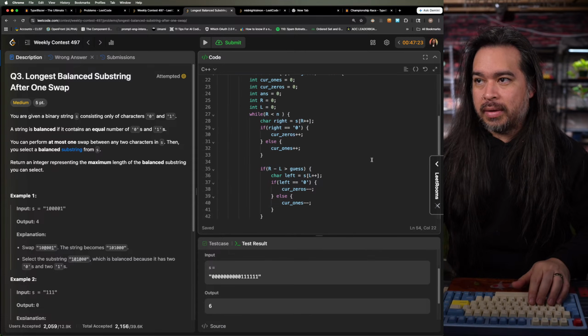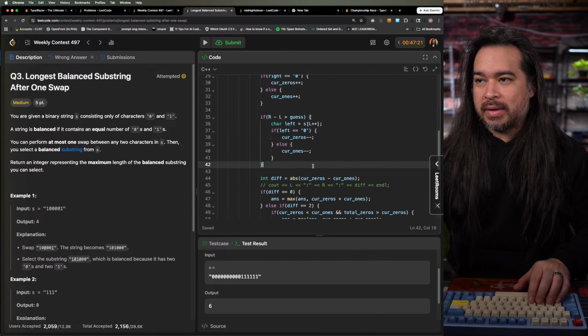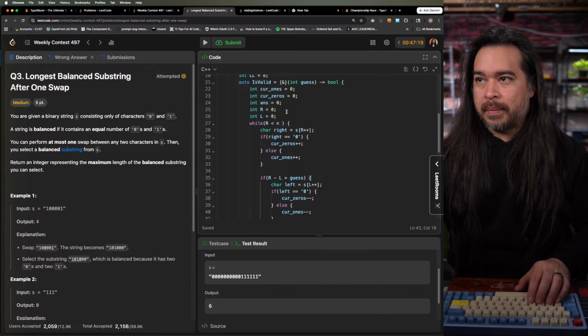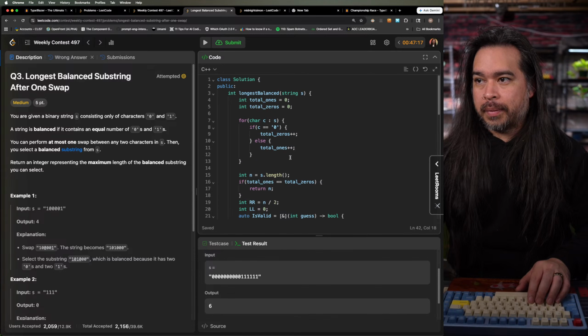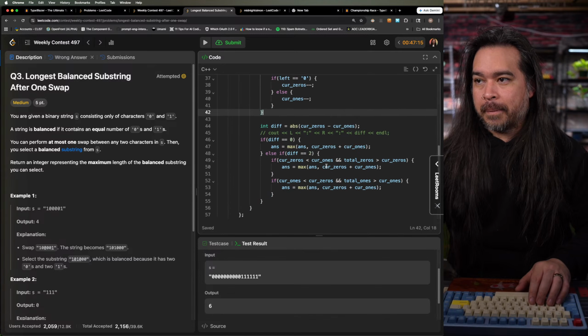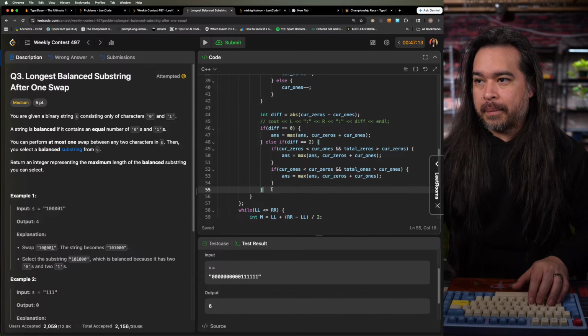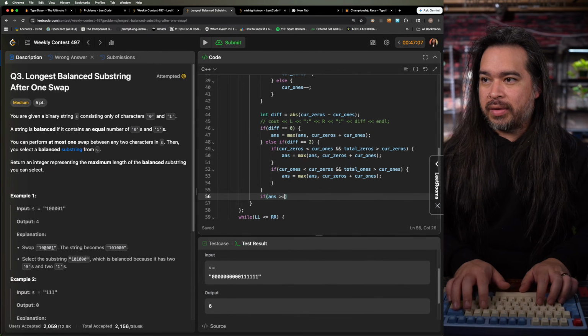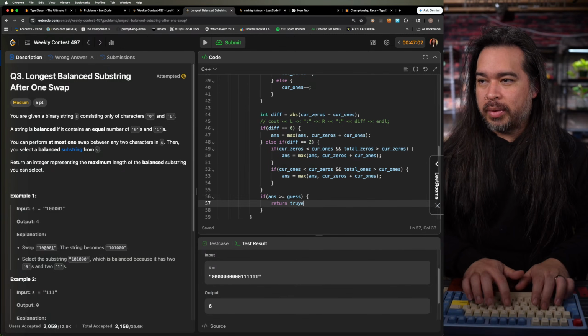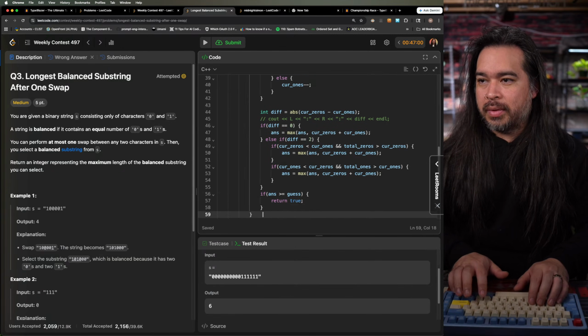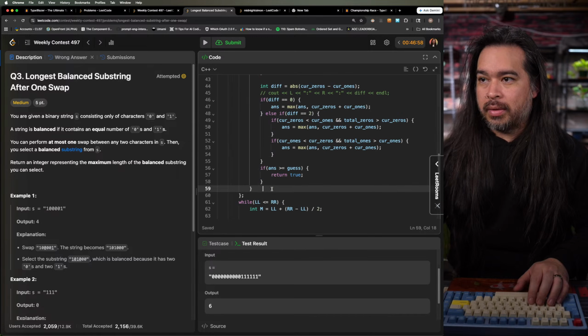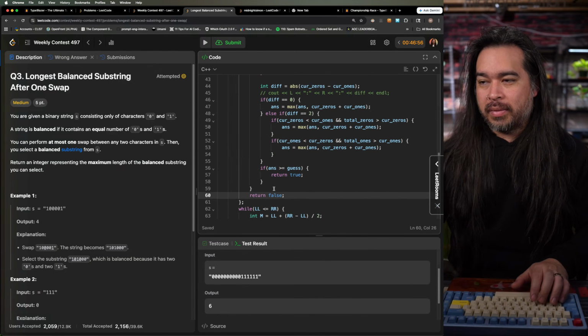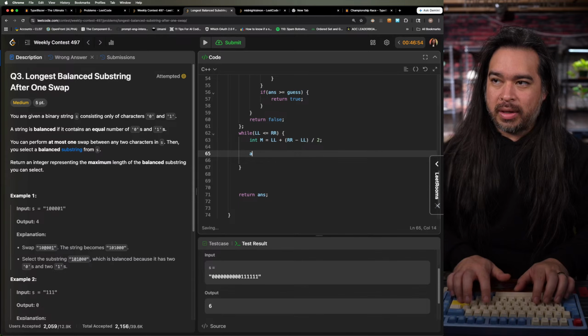And then if the answer is greater than or equal to what we guessed, then we can return true.